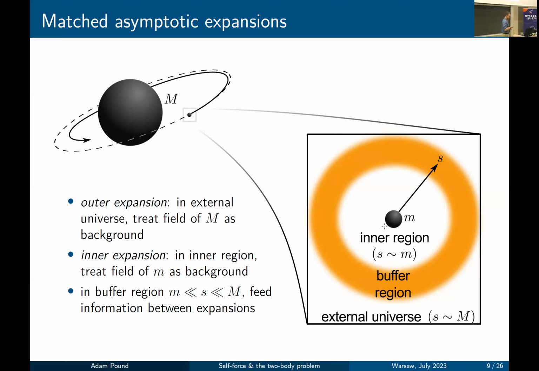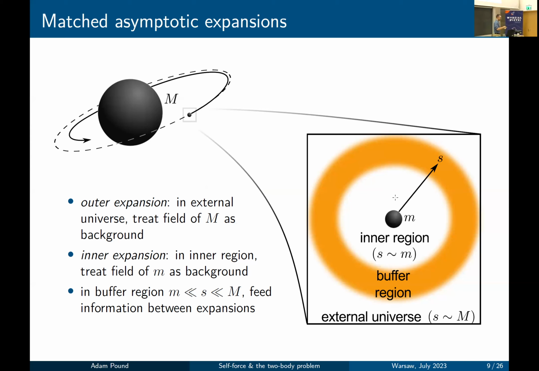Now, the idea is this perturbative expansion I've described, where I'm expanding in powers of epsilon, is okay in the external universe, but it fails in this inner region. The reason it fails is it's assuming that everything is a small perturbation of the external background. If you're this close to the small body, its gravity is way stronger than the external background.